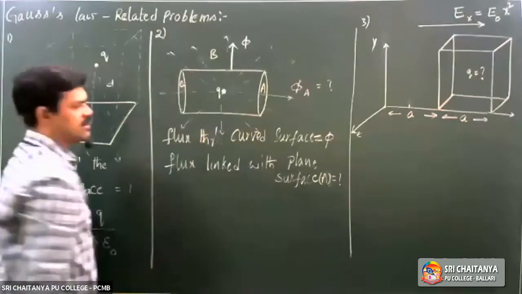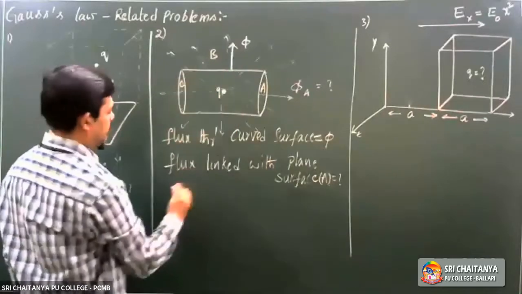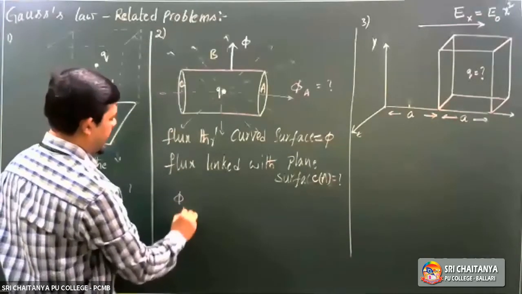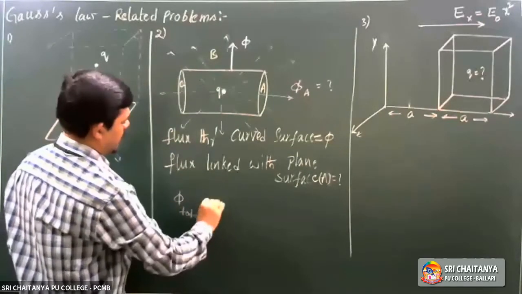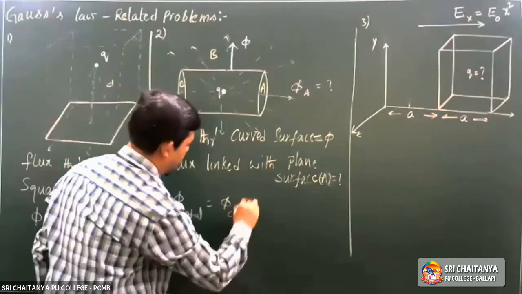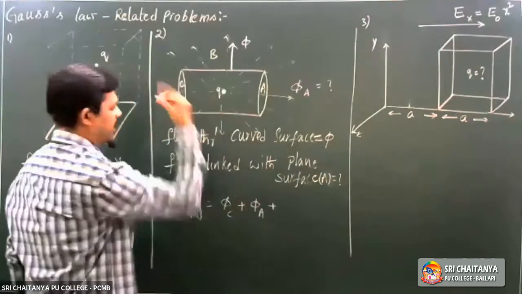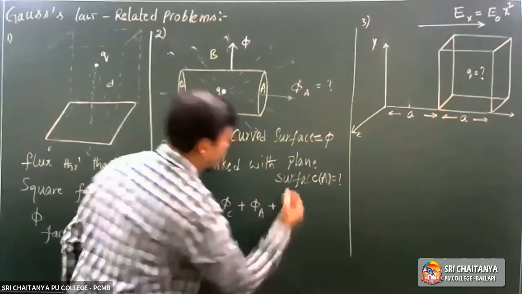Flux comes like this. Total flux phi total is phi of curved surface plus phi of plane surface A plus phi of plane surface C.